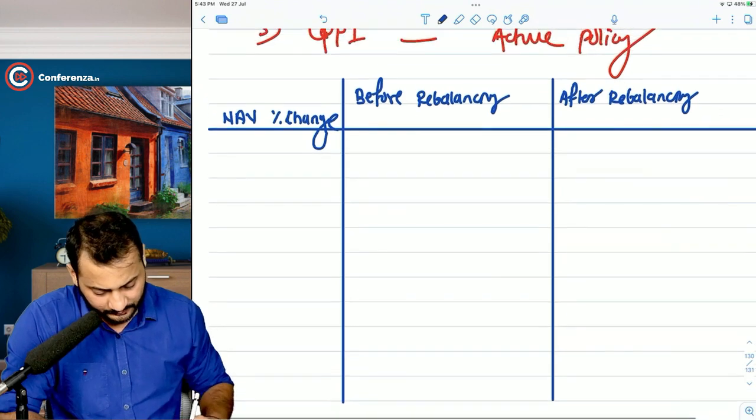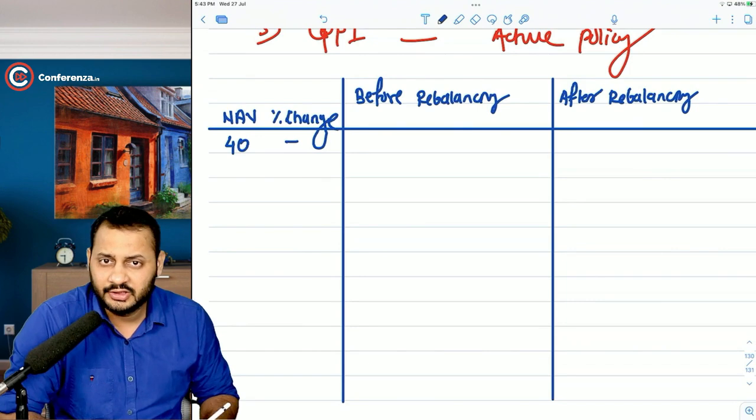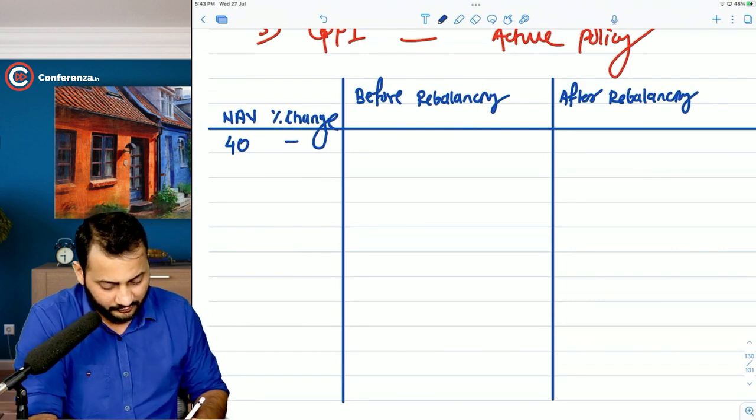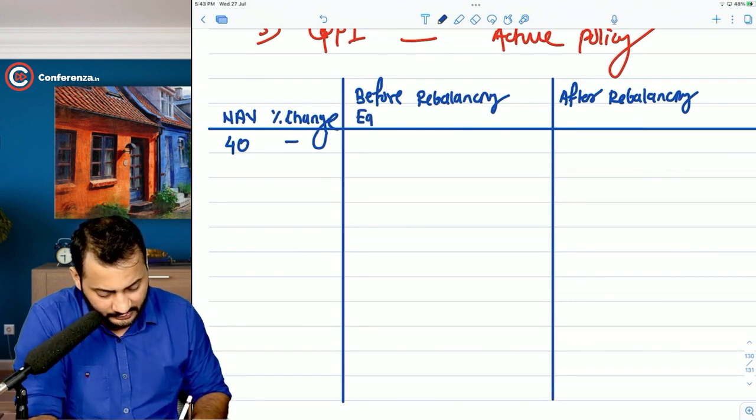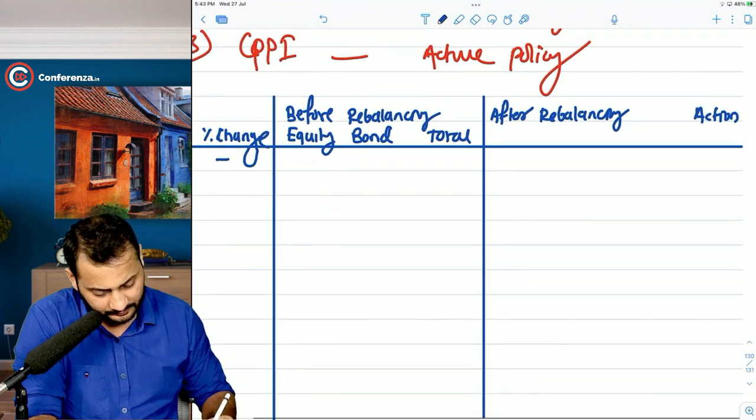Let's first write down. The NAV was 40 in the beginning, no change as it is the start only. And we are going to invest in equity, bond, total. Am I right?